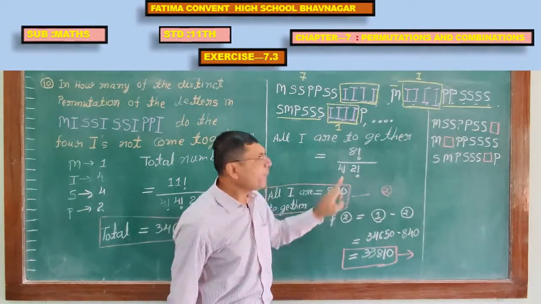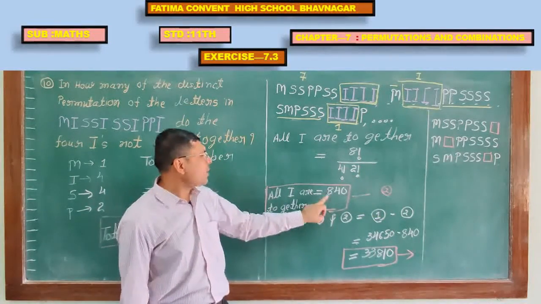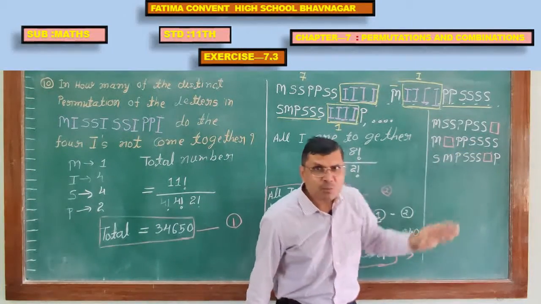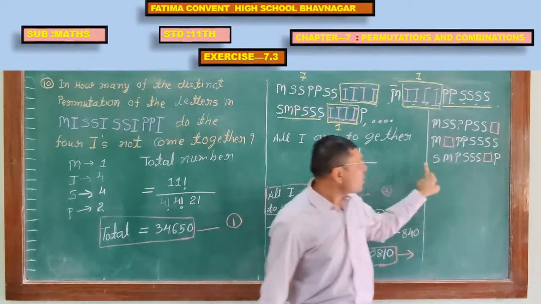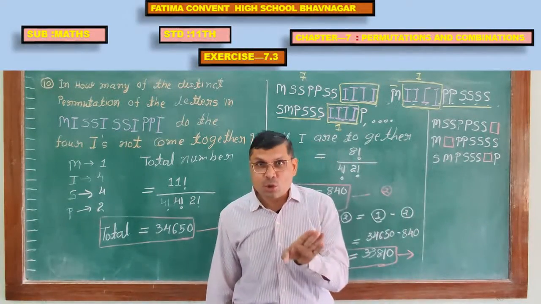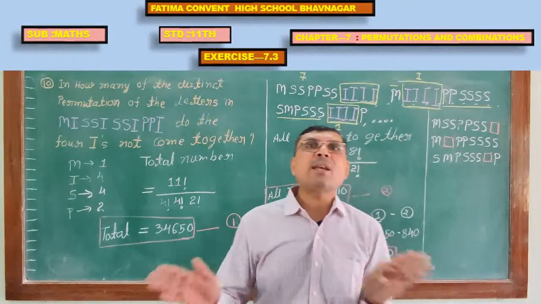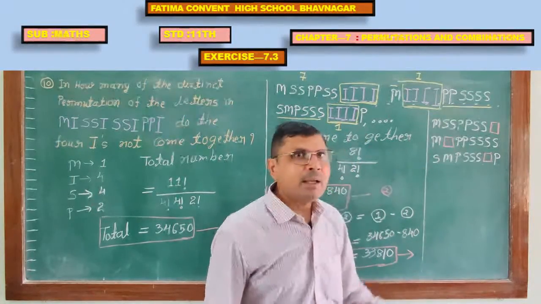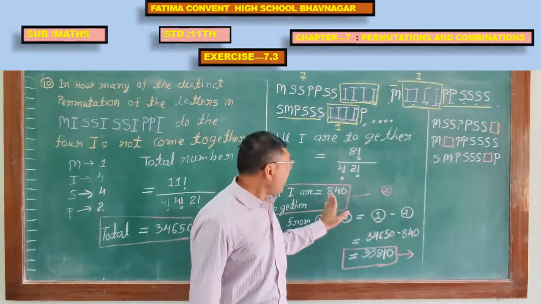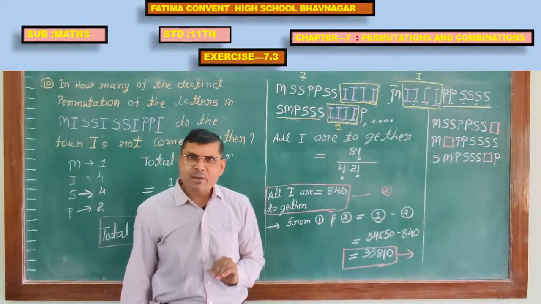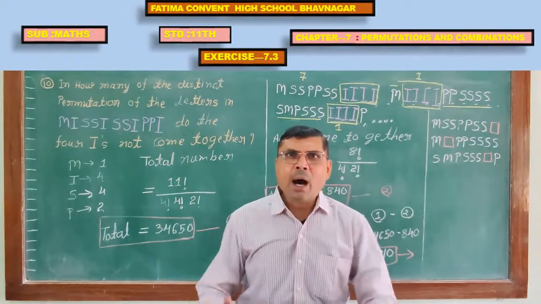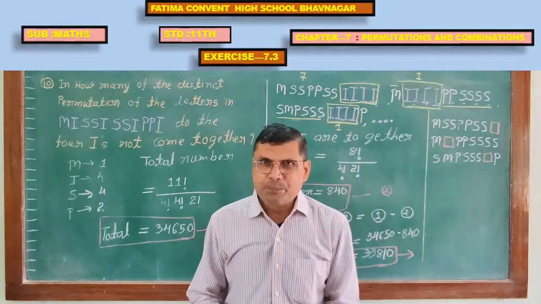So that answer is 840. If you want to put this box anywhere among these 8 letters, then 840 ways are possible, and definitely I cannot write them all down. So a total of 840 ways are there in which all 4 I's are always together.